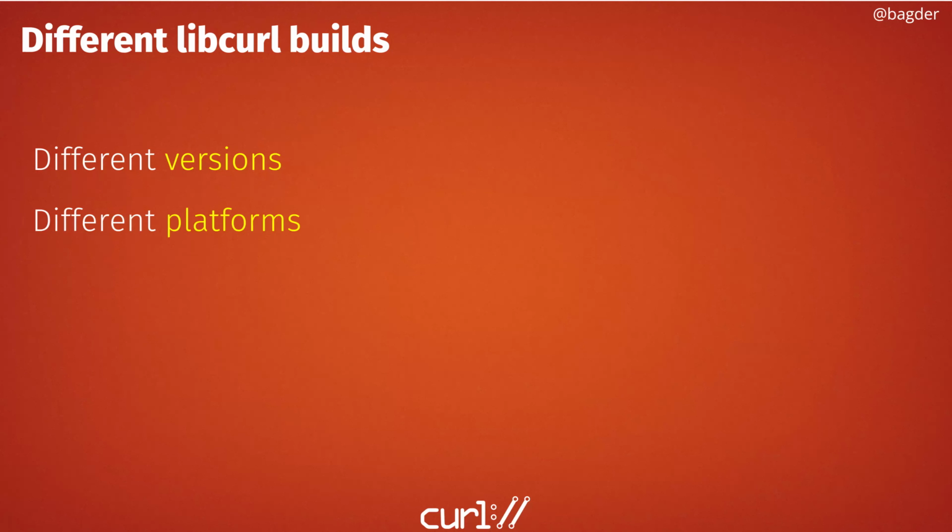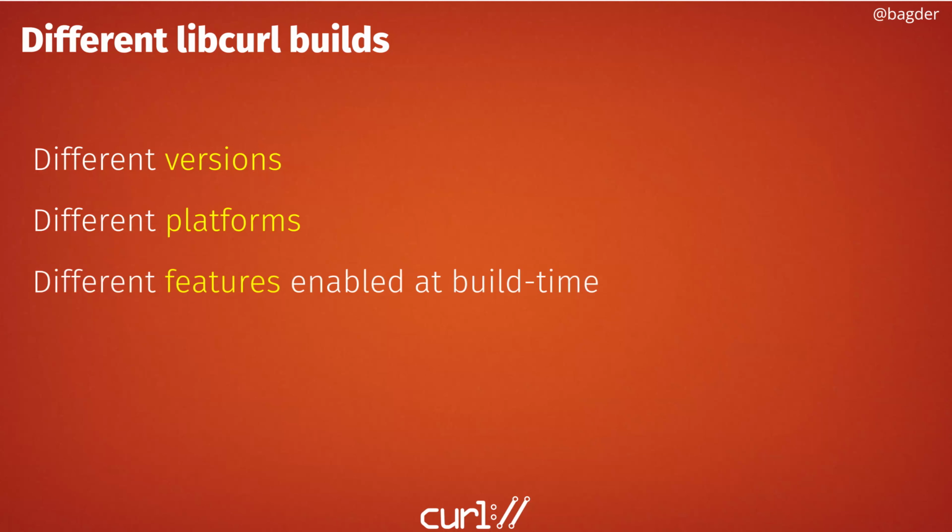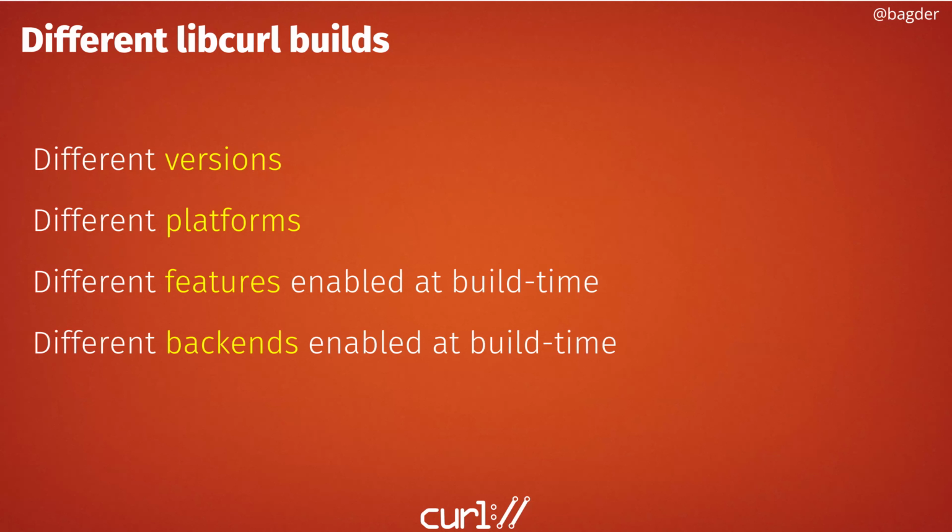They might be built and used on different platforms, and have all of these different features enabled or disabled at runtime. You can enable or disable features at build time, of course, and different backends too. For example, you can choose which TLS library you want to use in your libcurl, and we support 12 different TLS libraries, and you select which ones to support at build time.